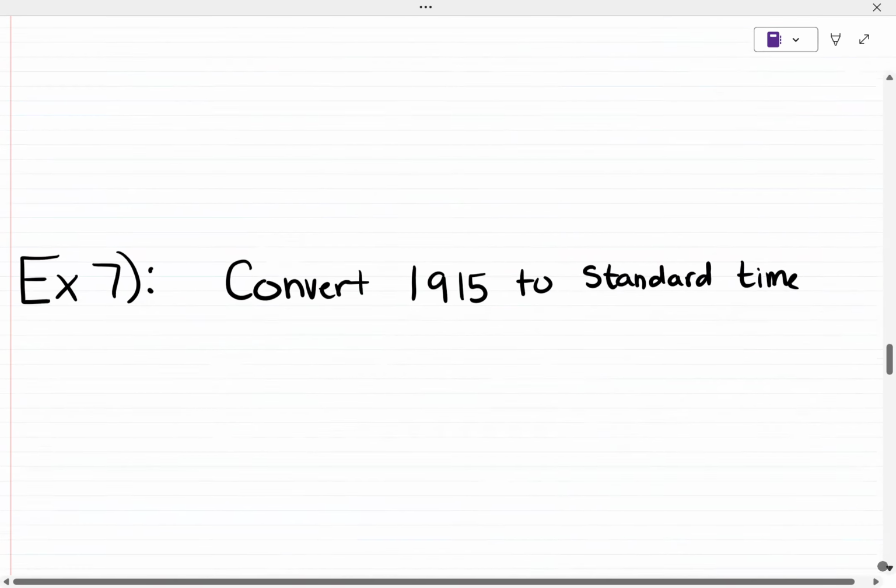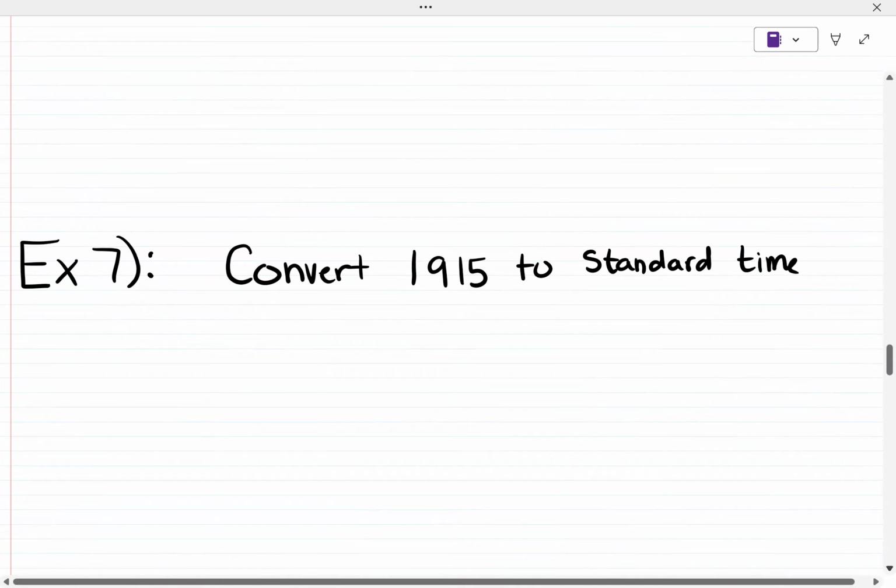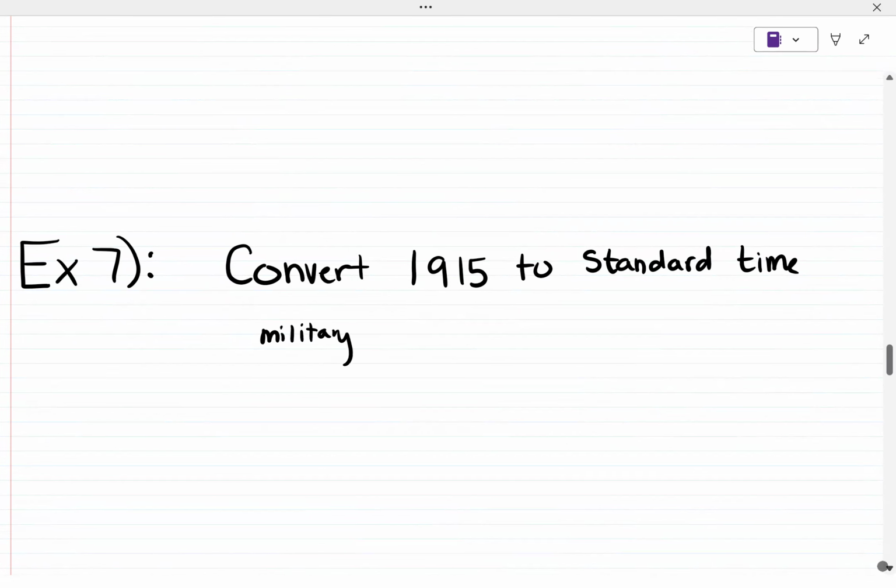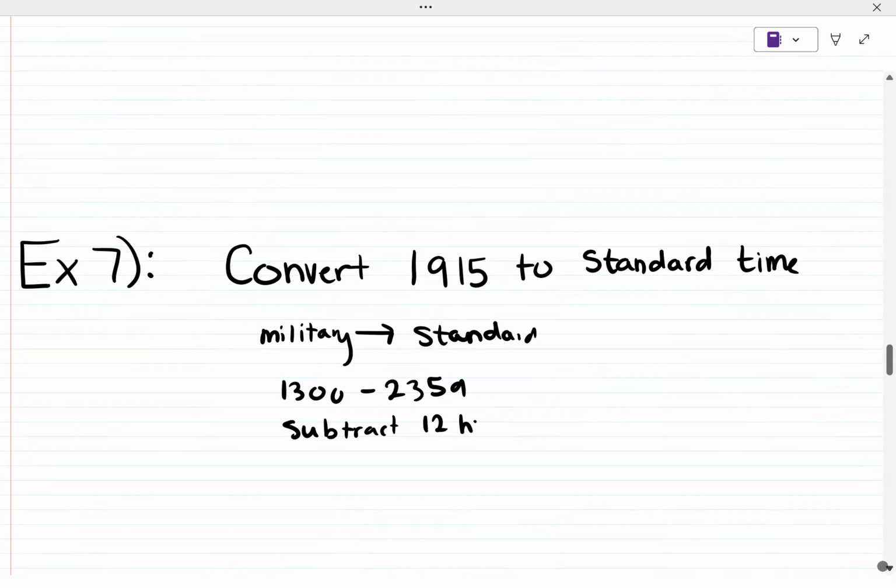Example 7, convert 1915 to standard time. So technically, we are going from military to standard. And because 1915 is between 1300 and 2359, you have to subtract 12 hours, add a colon, and then a PM, right?